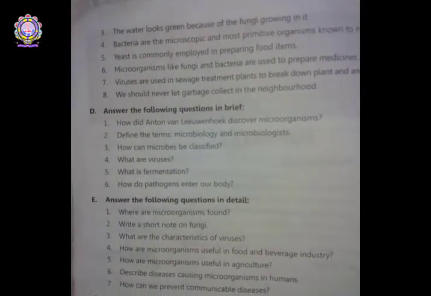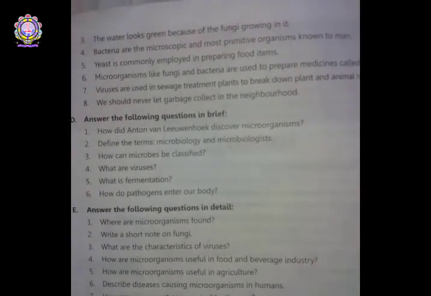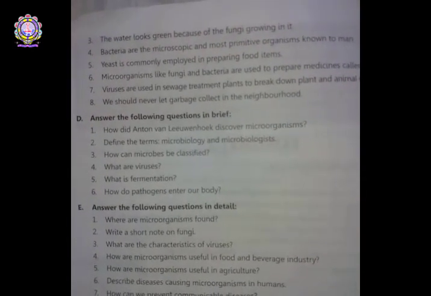The next question is: define the term microbiology and microbiologist. You have all studied what microbiology and a microbiologist are.